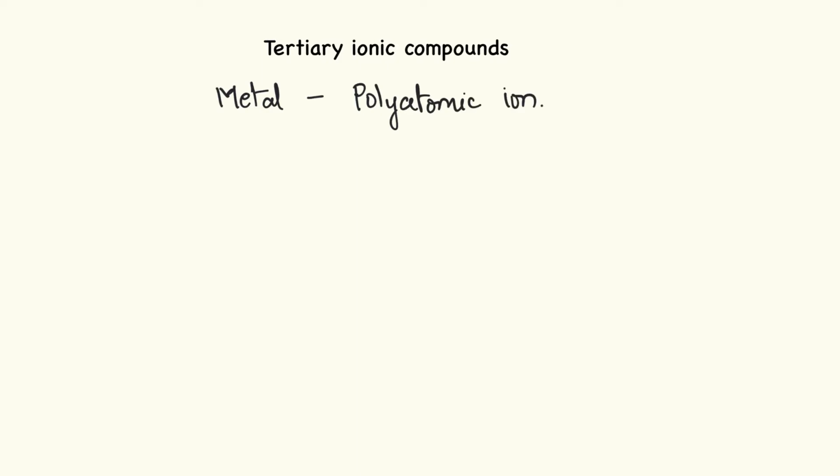This polyatomic ion is going to be in the back of your periodic table, so when I say the word polyatomic ion, that is your cue that you should turn to the back side of your periodic table.